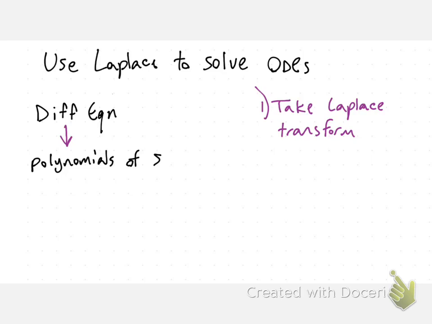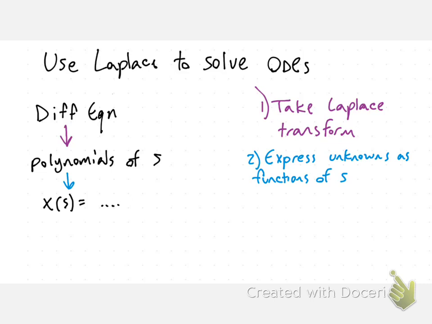We're going to end up with a bunch of polynomials of s, because every time we have a derivative, it's going to be multiplied by s or s squared, and however many derivatives we have. So we're going to want to simplify and express our unknowns in terms of functions of s.